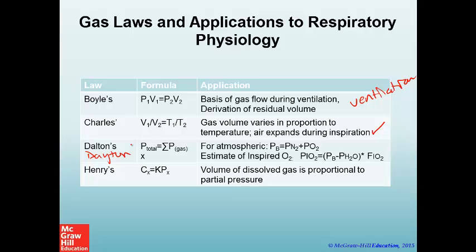And Dalton's law is the simplest as well. Basically says that in a mixture of gases, that mixture in our case is going to be called air, the total pressure, so usually at sea level, the pressure of air is 760 millimeters of mercury.